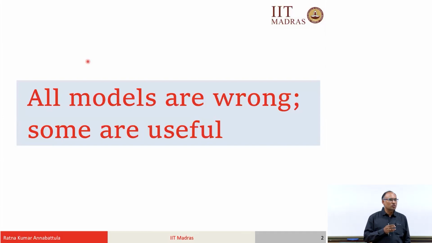Some of them are useful and hence we still do numerical computation. So, whenever we are doing numerical computations and analyzing the results, we have to take these results with a pinch of salt because there are several assumptions involved and we do not really know the effect of these assumptions unless we corroborate our results with the experiments.